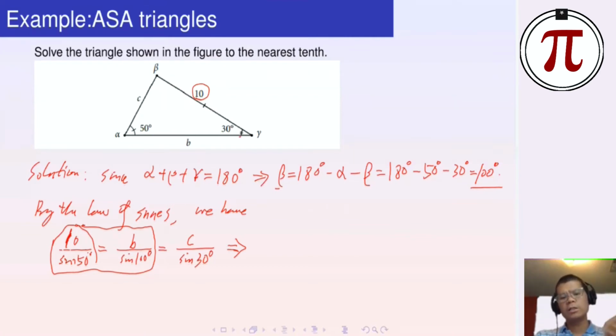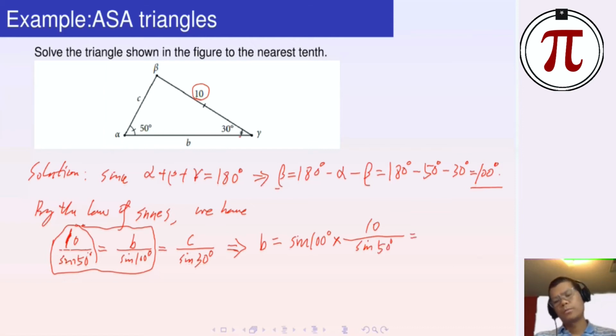What is the value of B? You multiply by sine 100 on both sides, so B is sine 100 degrees times 10 over sine 50 degrees.